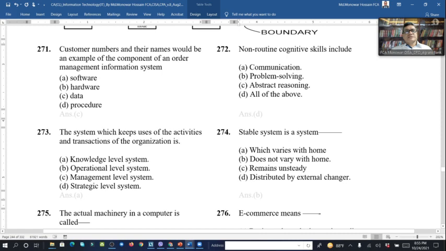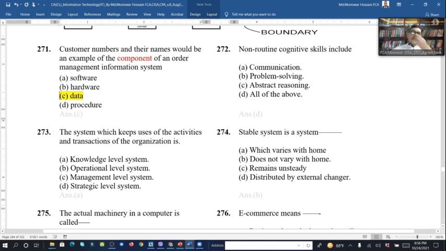Customer numbers and names would be an example of a component of an order management information system. So here, what is the component? That component is data.